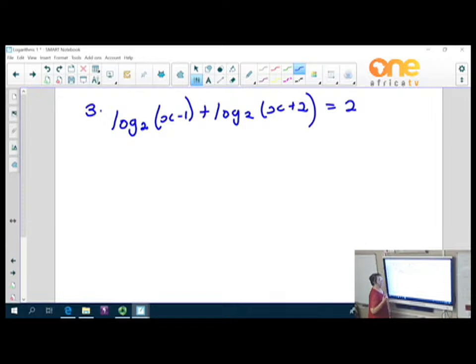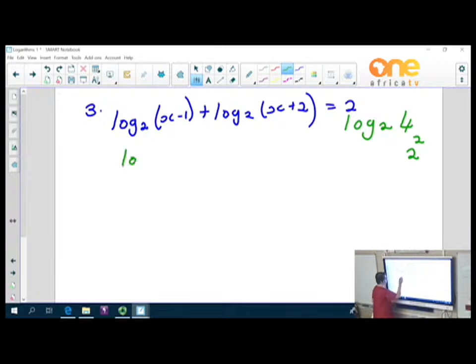So, can I apply my log laws? No, because here I have a number value, and that is a problem. Everything must be logs. So I need to change this now to log base 2. And the question is now 2 to the power of 2, that 2 there, is 4. So that's what you should write down there.